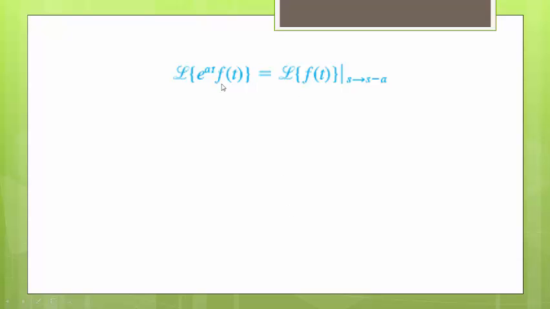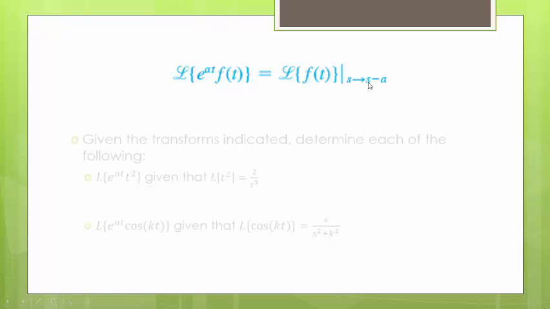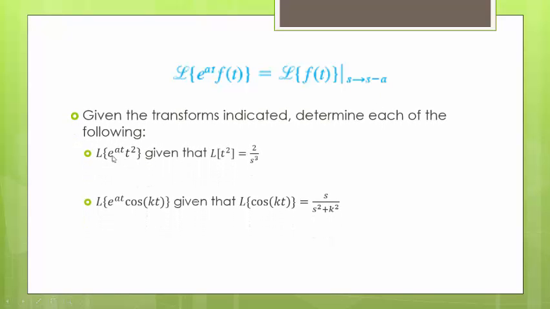This is another notation for writing that: the Laplace transform of that product is equal to the Laplace transform of f of t, where you substitute s minus a for s. In this example that I had you all work, here is your Laplace transform that fits this setup.